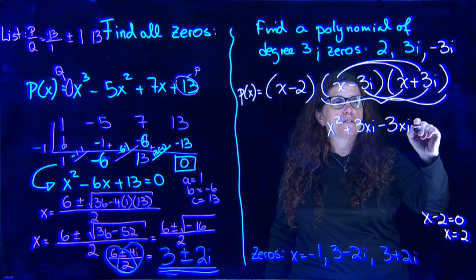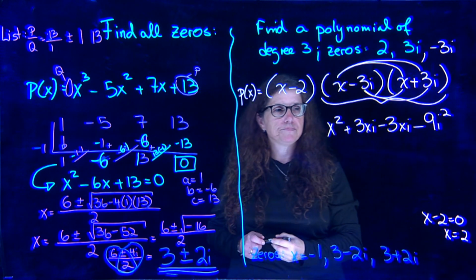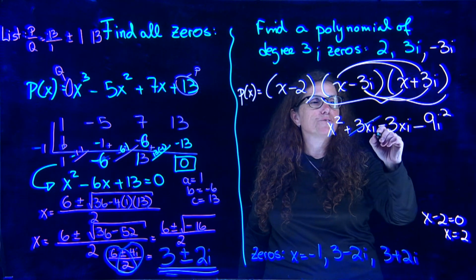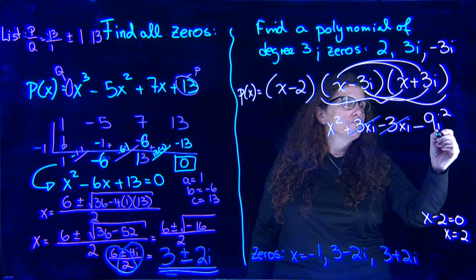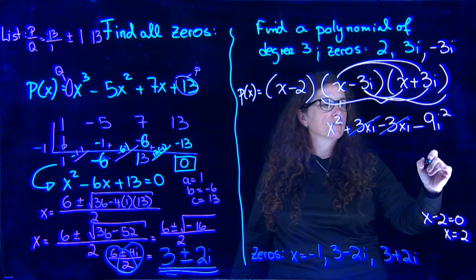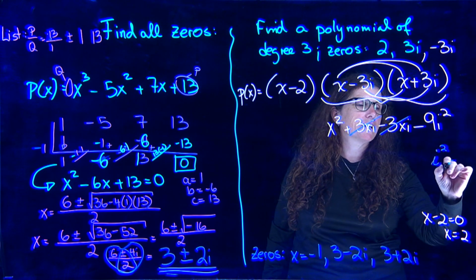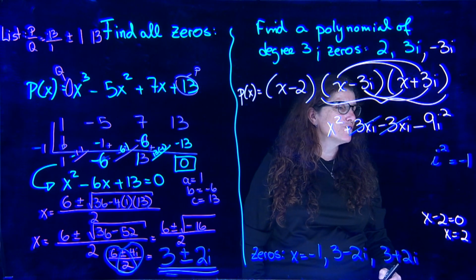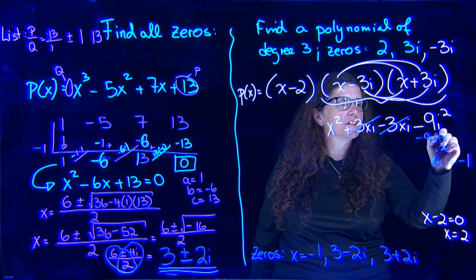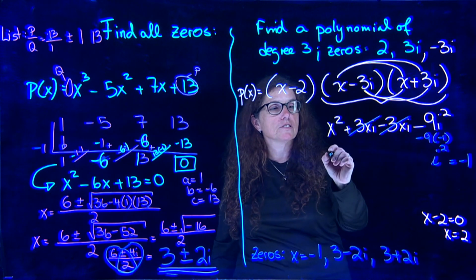And we have a minus 9i squared. Combining like terms, you can see that these two cancel out. You also need to remember from some previous math class that i squared by definition is negative 1. So this becomes negative 9 times a negative 1, and no more i in my expression here.